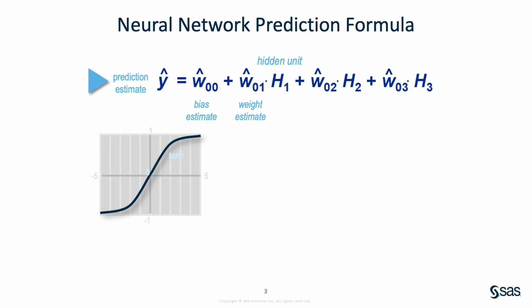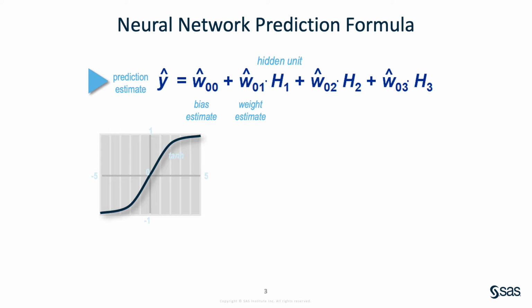Here we have an example of a relatively simple neural network. Just like a regression, we're going to be making a prediction. Over here is my prediction, my y hat. And we're going to get that prediction from this particular formula. That prediction is going to use the values of our input variables in this mathematical equation.